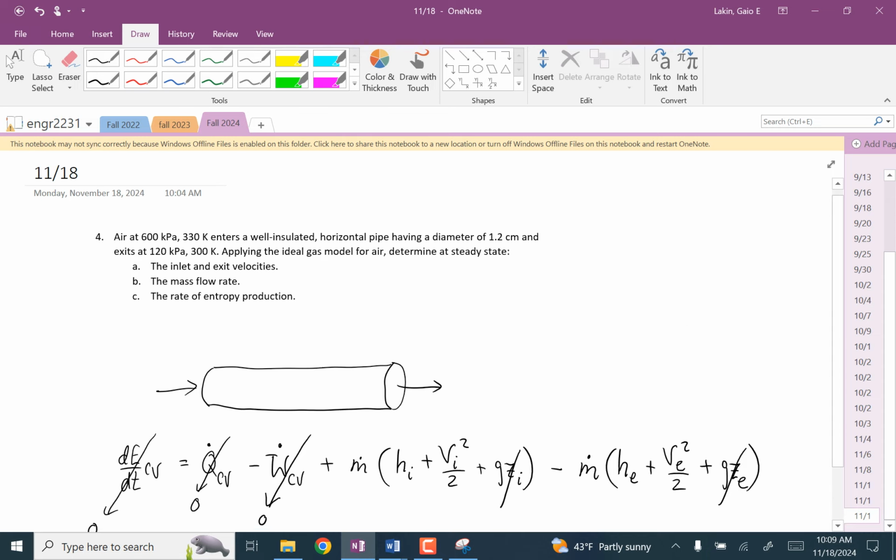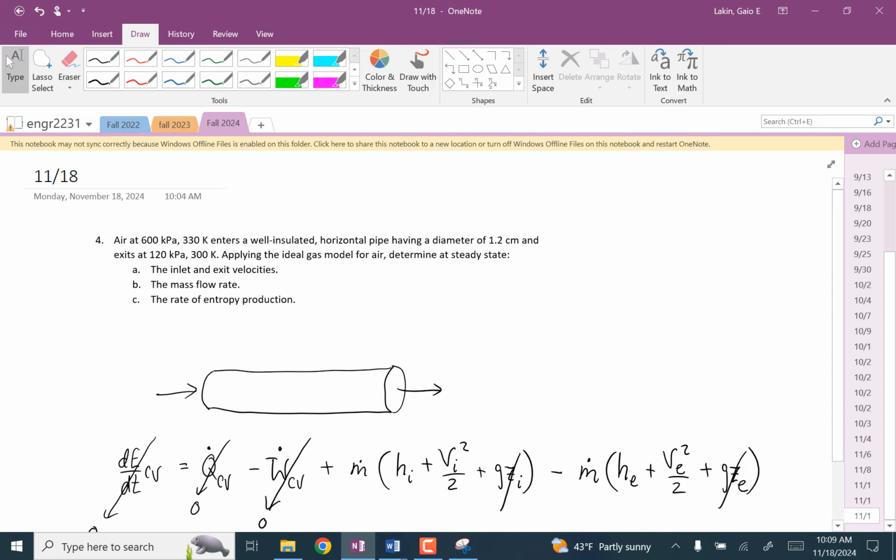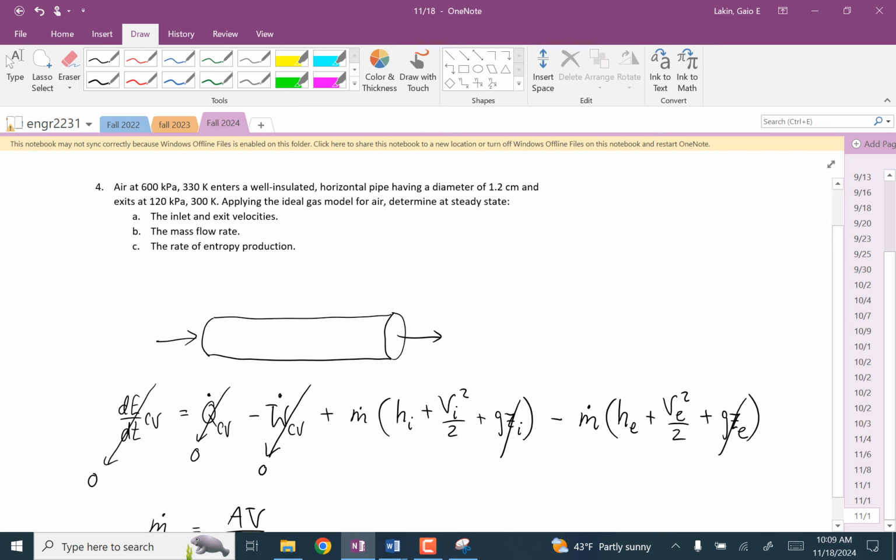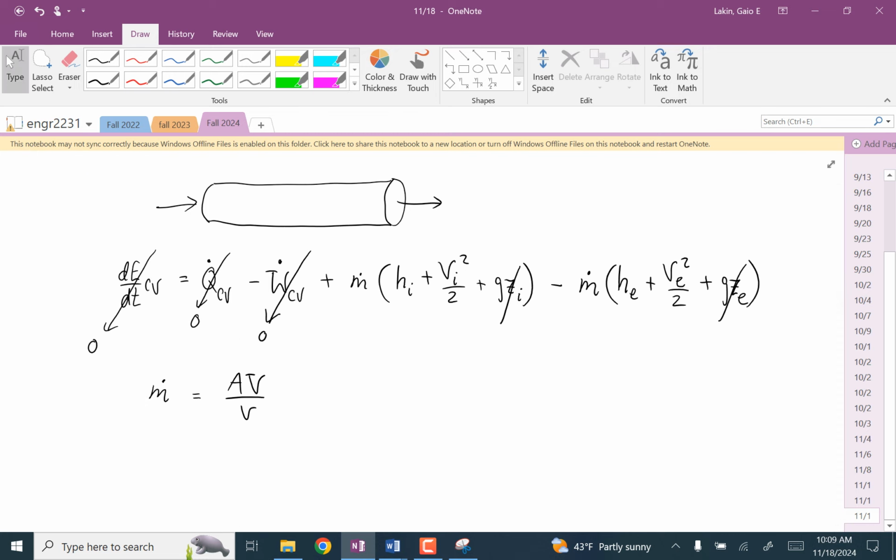We know the areas. Okay, this is where I got started. I think I need the mass flow rate to find the speed, but then you need the speed to find the mass flow rate. Yeah, and it's just a cycle. But you're right. Okay, so let's see.